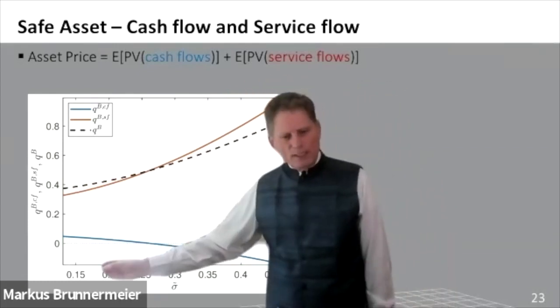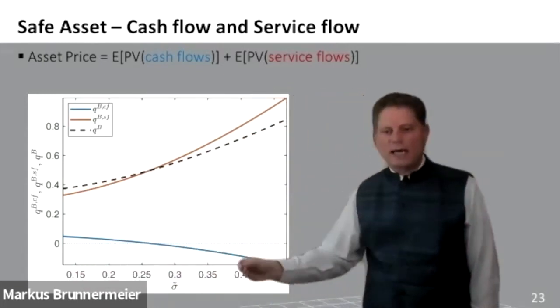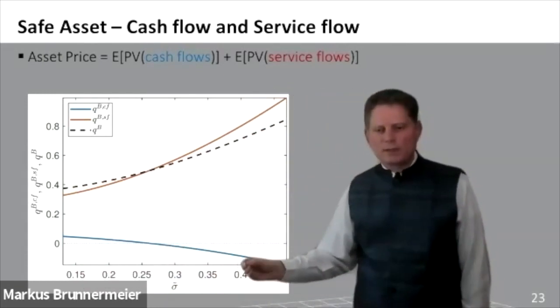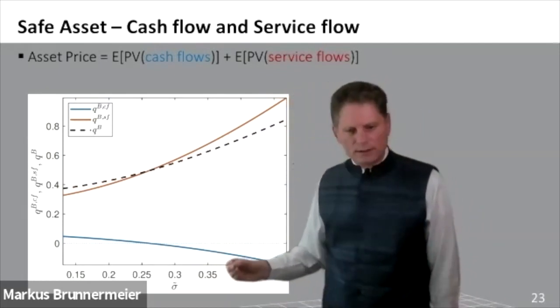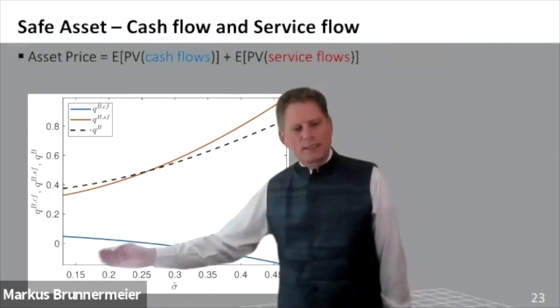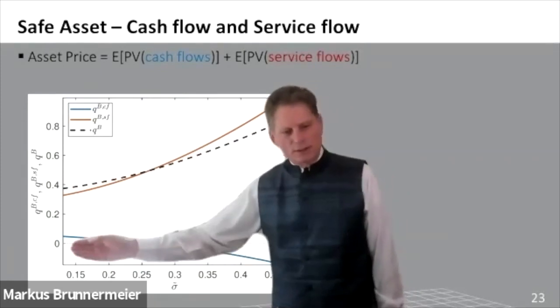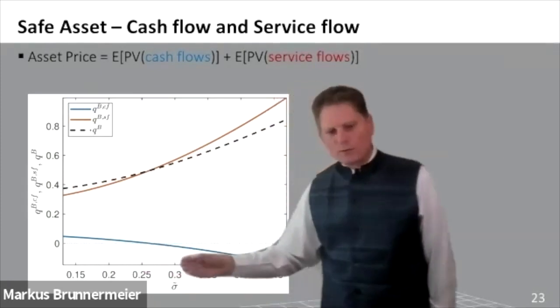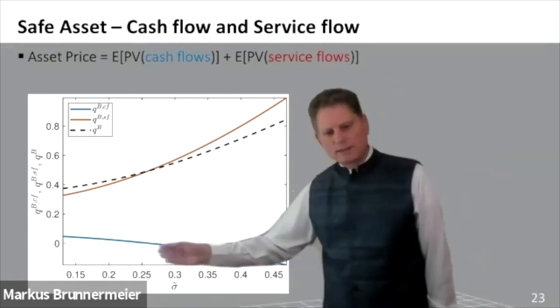What I've depicted again is a boom of low idiosyncratic risk here, and high idiosyncratic risk here, a recession. You see how the cash flow behaves. You can think of primary surpluses: in a boom phase, the primary surpluses are positive, and in a recession, the primary surpluses are negative. That's a nice Keynesian way of doing things.